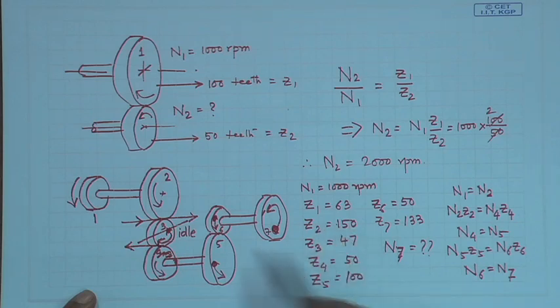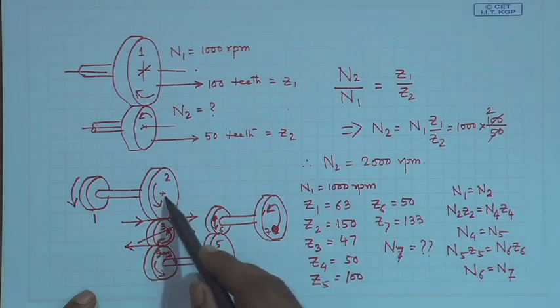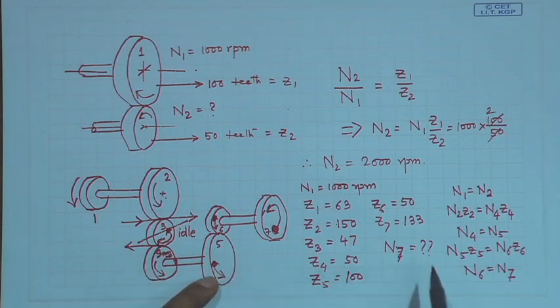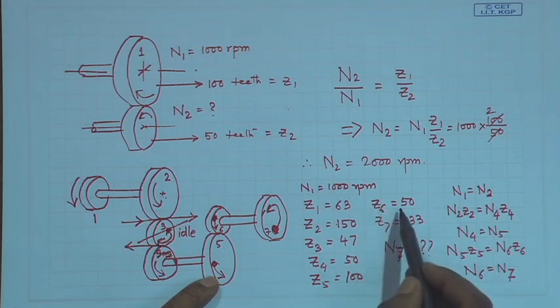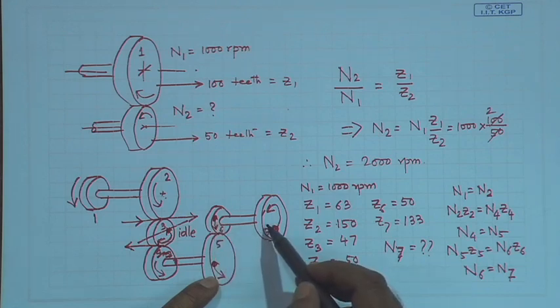The number of teeth is becoming 1/3. So, the speed must be becoming triple. So, 1000 rpm, 3000 rpm, 3000 rpm. Z5 is 100 and Z6 is 50. So, again it becomes double, 6000 rpm. So, the answer is 6000 rpm.